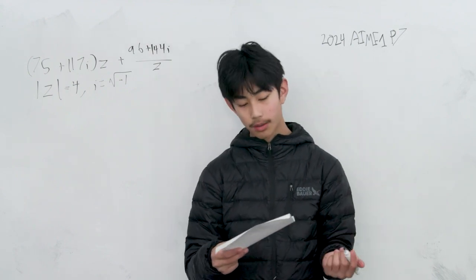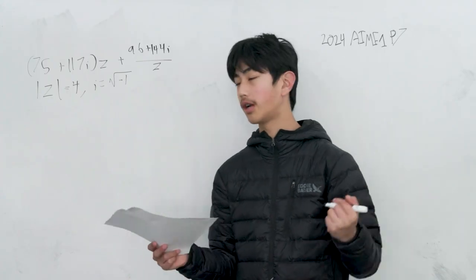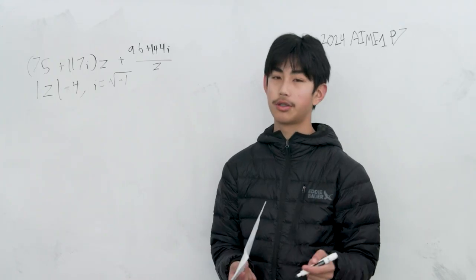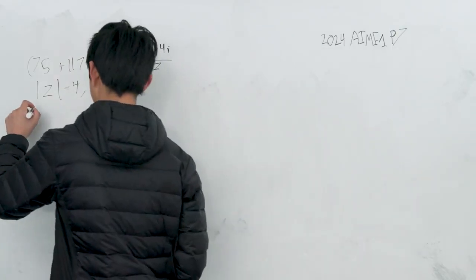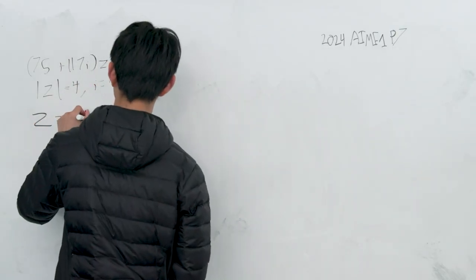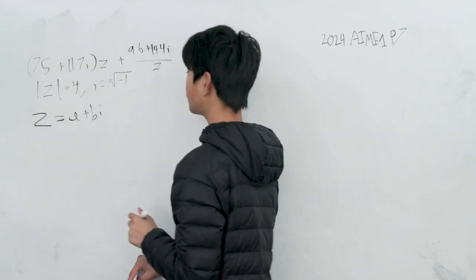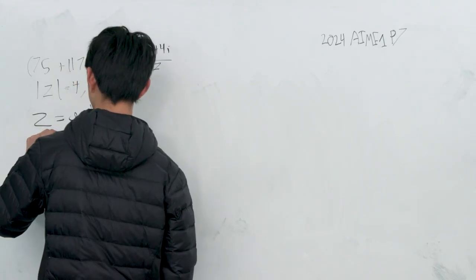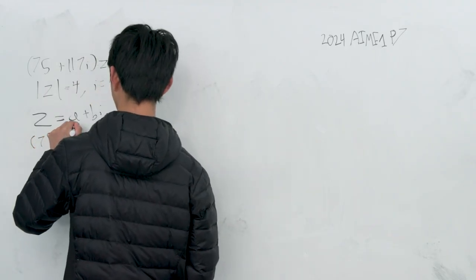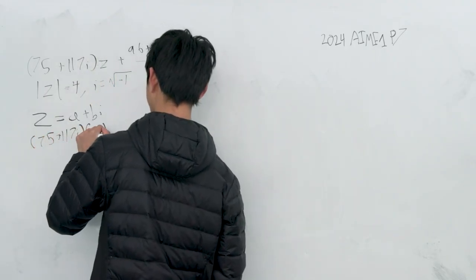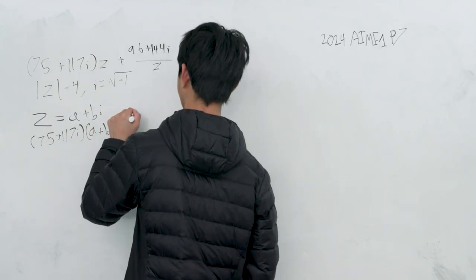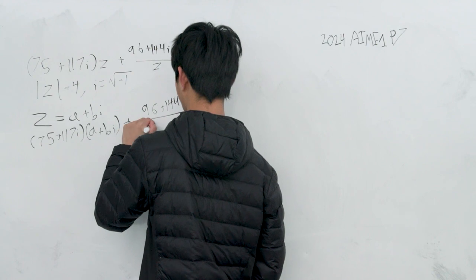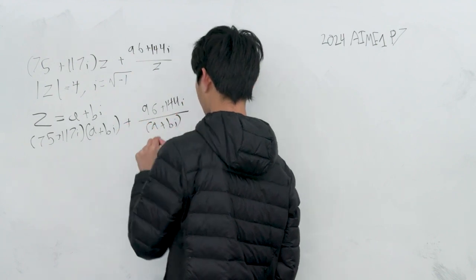So we know that z is a complex number, and the standard form of a complex number is a plus bi, so we can just let z equal a plus bi. Then this expression becomes (75 plus 117i) times (a plus bi) plus (96 plus 144i) over (a plus bi).